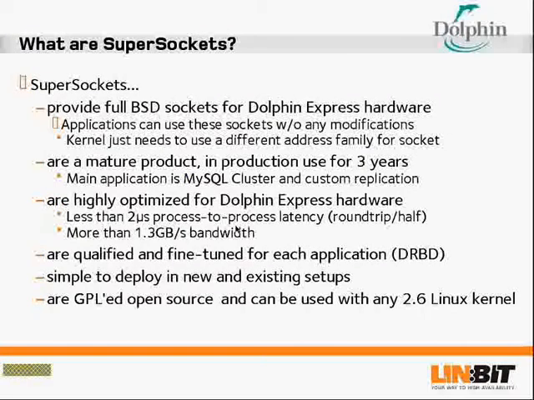It can be used as a performance booster: when you notice that Ethernet doesn't deliver enough performance for your requirements, you can just plug in our hardware and install the software, and you don't need to change anything in your configuration, because SuperSockets will just take over your existing sockets and make them fly.